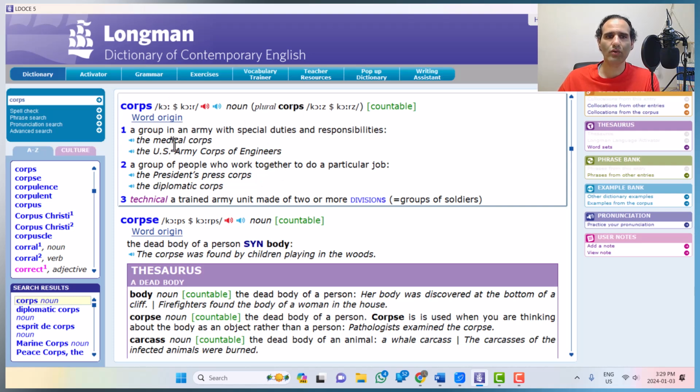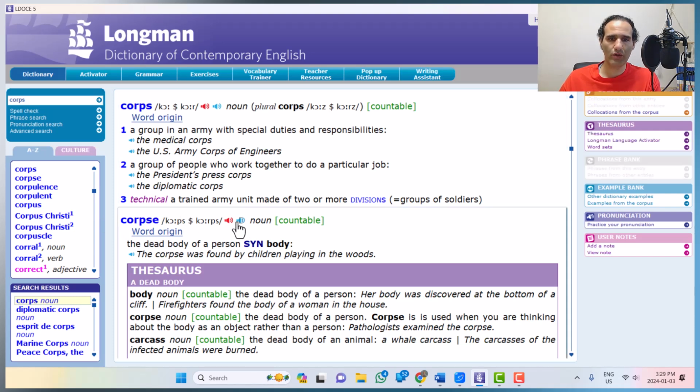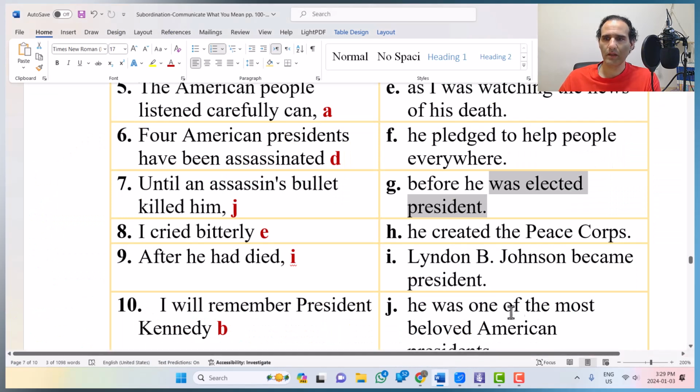So what is core? It is a group with some special duties. For example, medical corps. Peace Corps, the group for maintaining peace. But if you got one E at the end of the word, then it is pronounced corpse. And that means a dead body. So corpse. He created the Peace Corps.